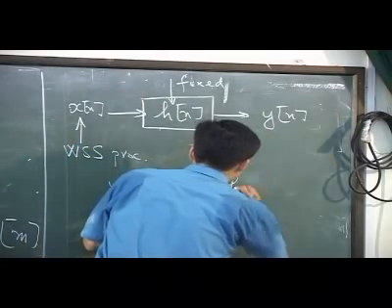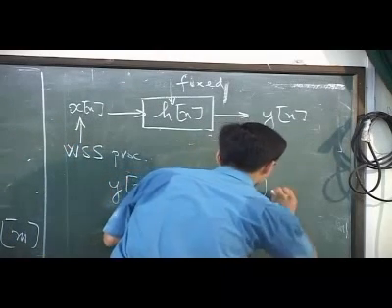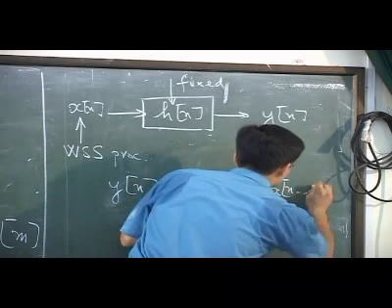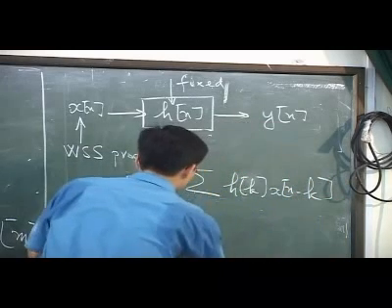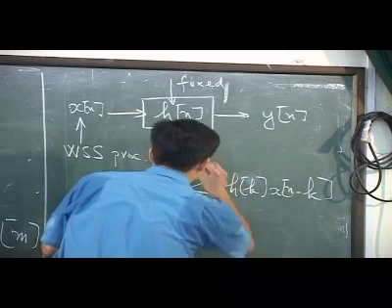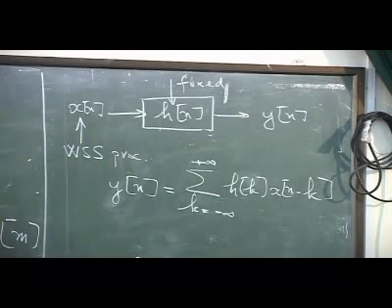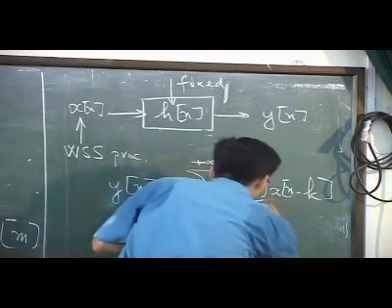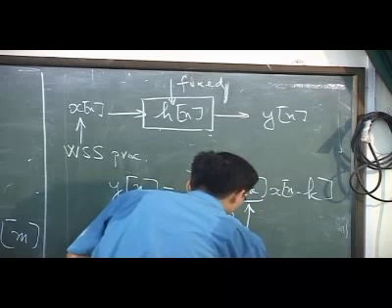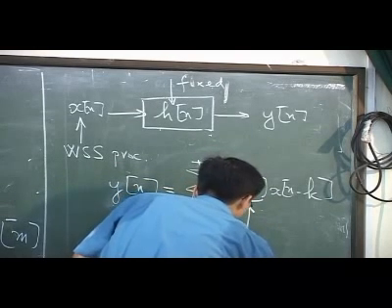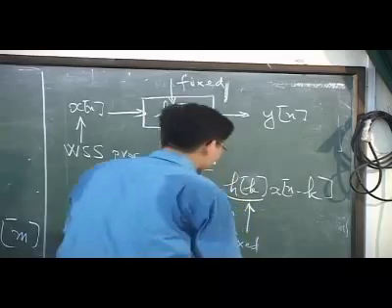y[n] is the summation of h[k] x[n minus k], from minus infinity to plus infinity. That's not difficult to see, right? And again, h is fixed, so this is a constant.